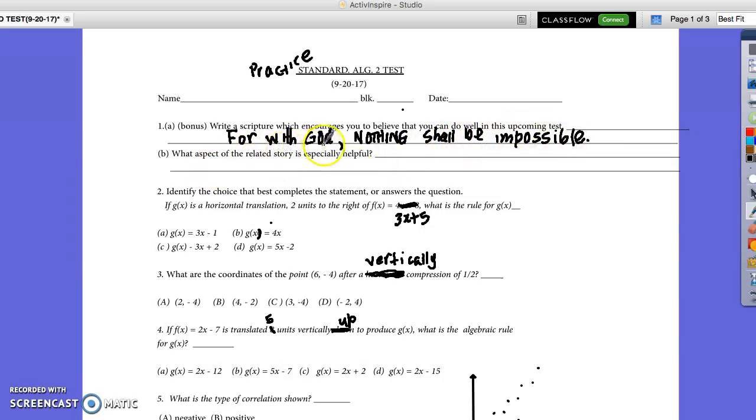Now, what aspect of the related story is helpful? The story relates to Mary hearing these words from the angel Gabriel. She was a virgin and she was told that she was going to have a baby.